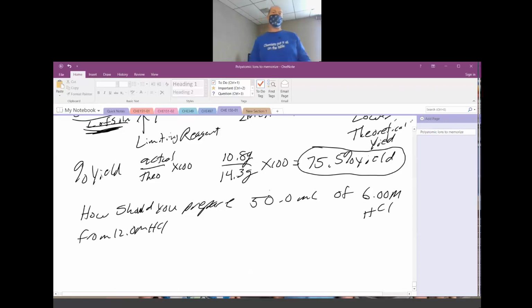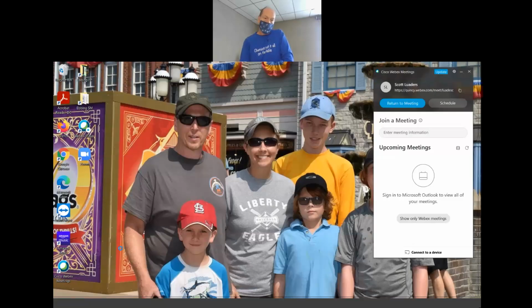When you buy HCl, it comes 12 molar, very concentrated, and so you have to then dilute it to whatever concentration you need for your lab. In this lab, it requires 50 mils of 6 molar HCl. So you get your bottle that you buy, and it's 12 molar HCl. So we have to dilute it.